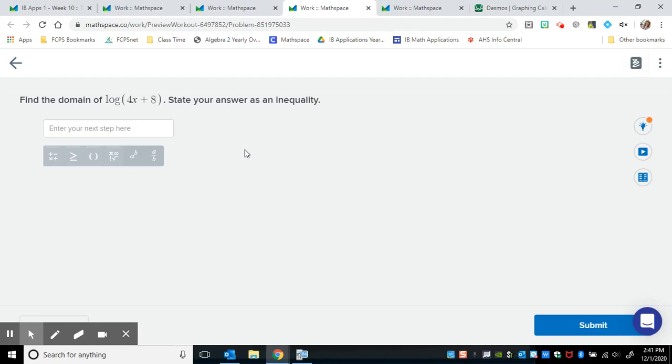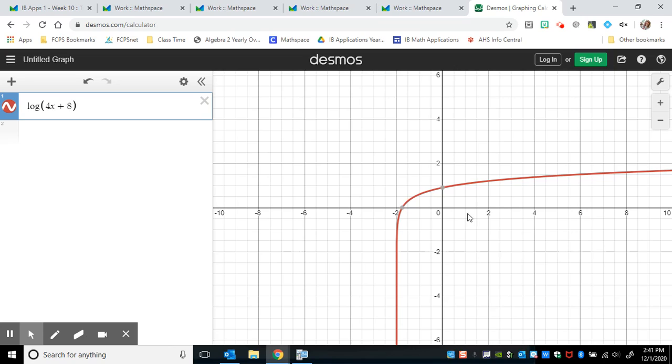Question number 4 asks us to find the domain of the log of 4x plus 8, and we're stating our answer as an inequality. So it's probably easiest to graph this. I'm going to graph it in Desmos first. And Desmos, as we know, graphs log functions way better than the TI calculator, so I can clearly see where this vertical asymptote is, that it's at x equals -2.